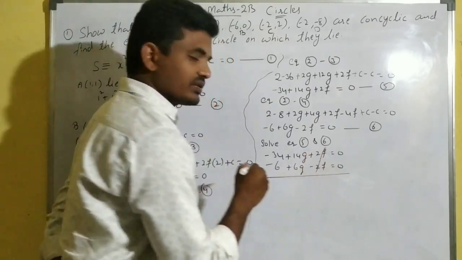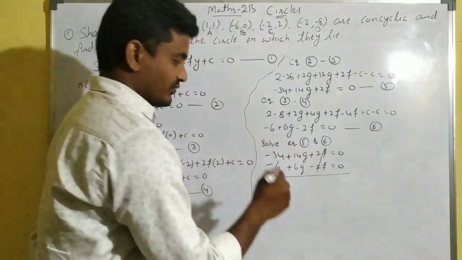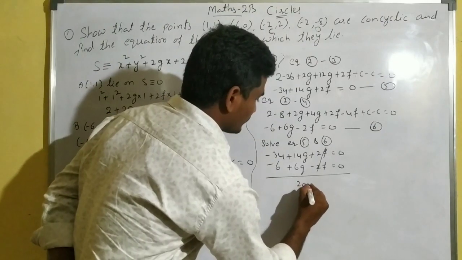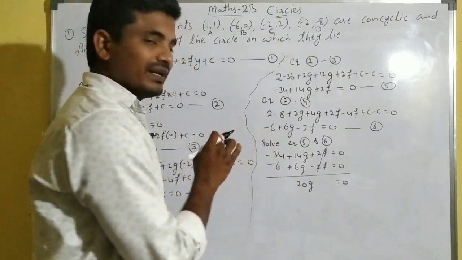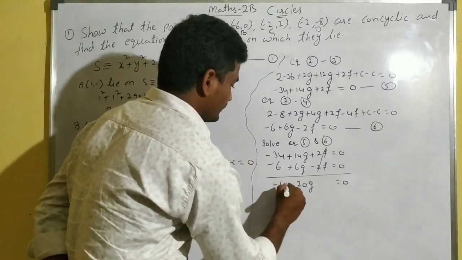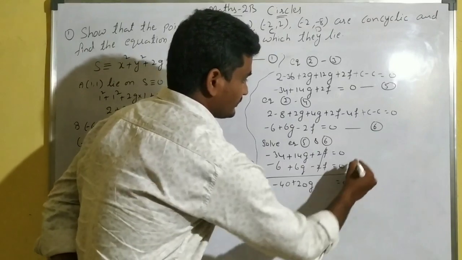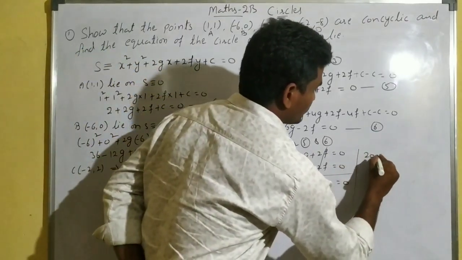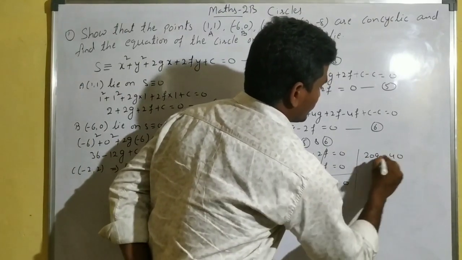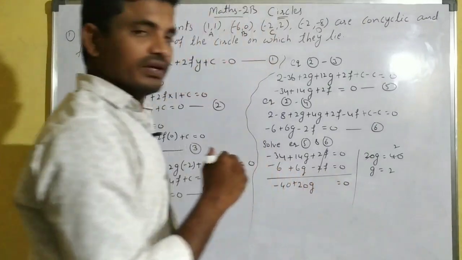Here plus 2f minus 2f gets cancelled, and it becomes 14 plus 6 is 20, minus 34 minus 6, that becomes minus 40. So minus 40 when you send to the right side, plus 40, 20 once, 20 twice, g equals 2 we got here.